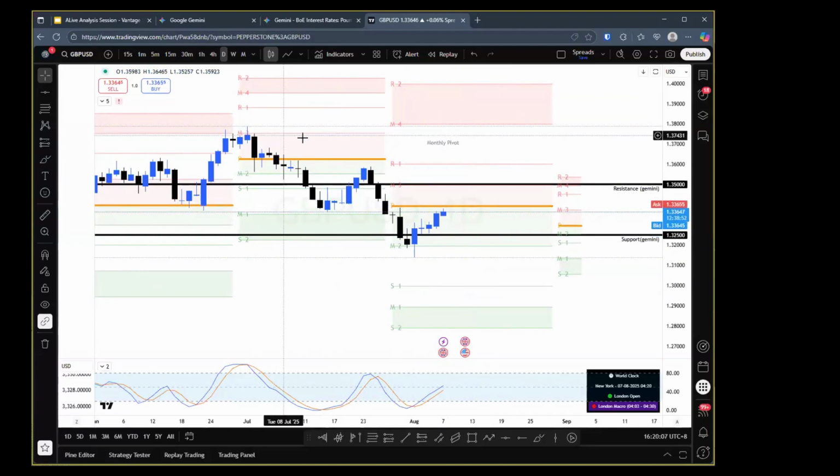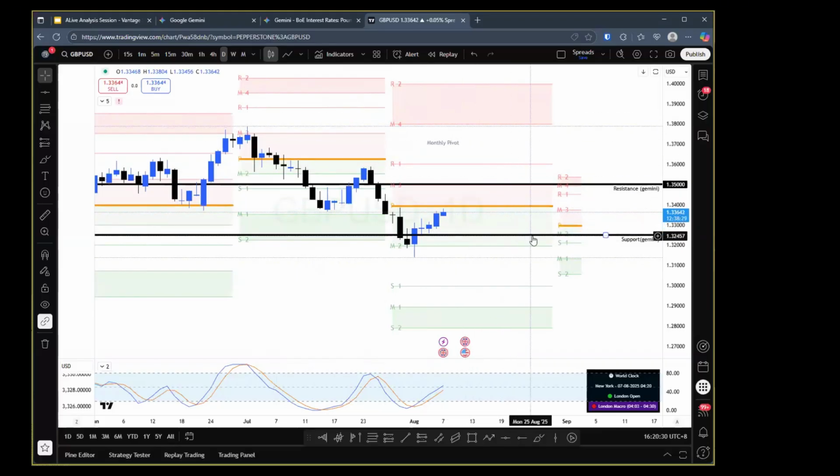If we had a bearish move last month, our target to S1 will be of that equal distance. If we were bullish last month, then from last month's low to the pivot will be our distance, the pivot to R1. The M lines are just 50% of the major lines.